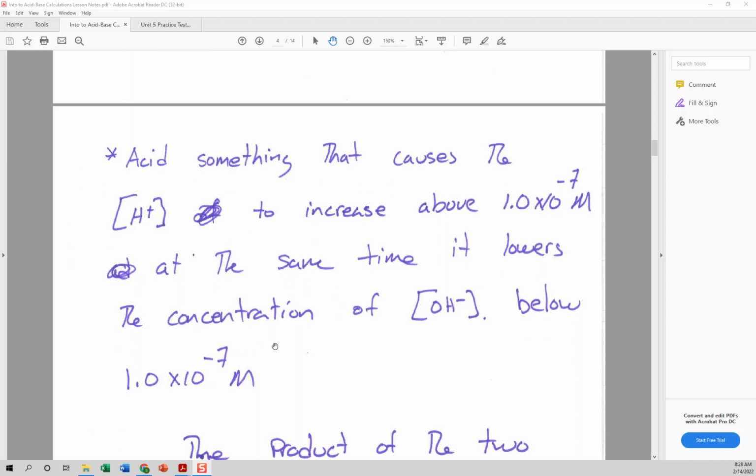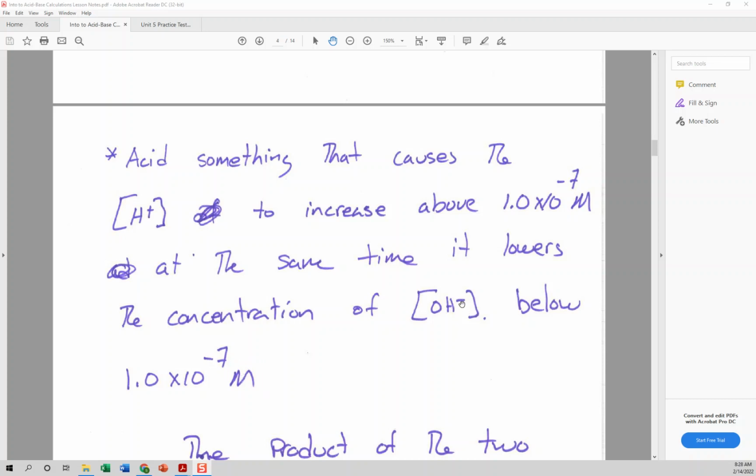Well, the starting point is 1 times 10 to the negative 7, right? In pure water, when we start out with just H2O liquid, this is the amount of H plus, and that is also the amount of OH minus. An acid is something that's going to drive the concentration of H plus above this number, but at the same time, it's going to drive the concentration of OH minus below this number.